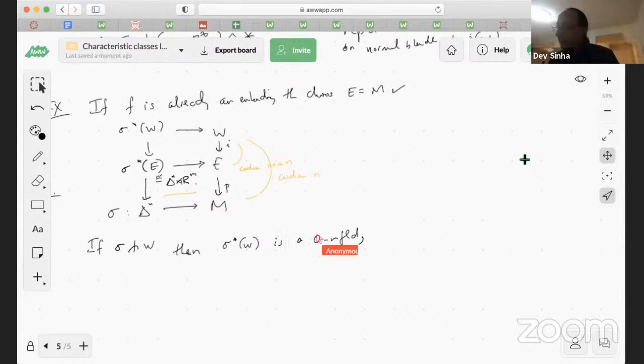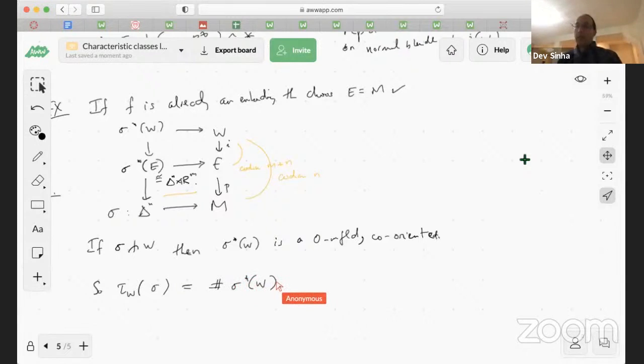So once again, we can now define tau W on such a sigma to be the count of this zero manifold. Now, one thing to say is we will need this level of generality for the applications we want, these proper maps with these factorizations.